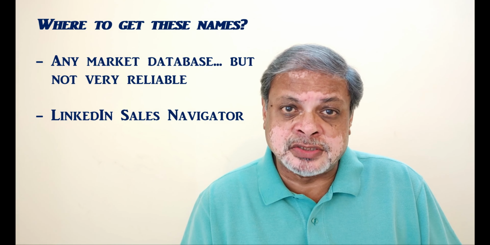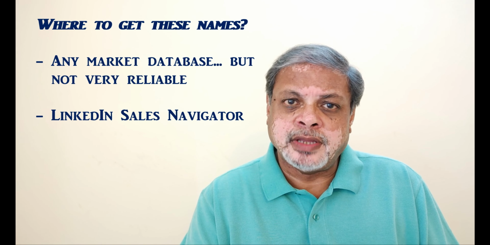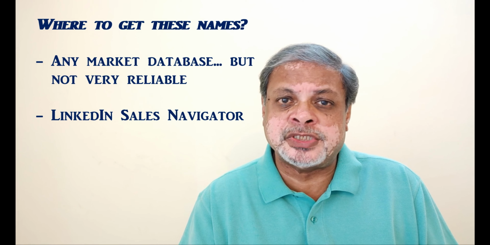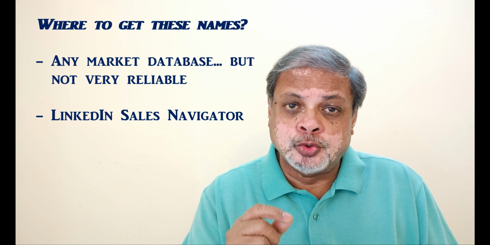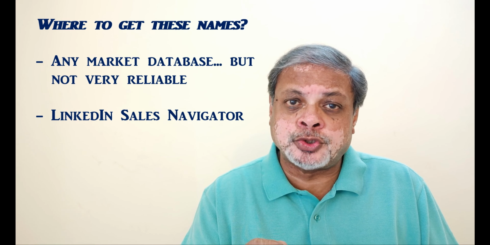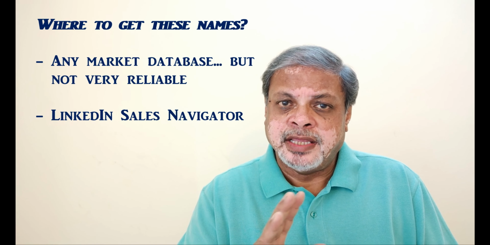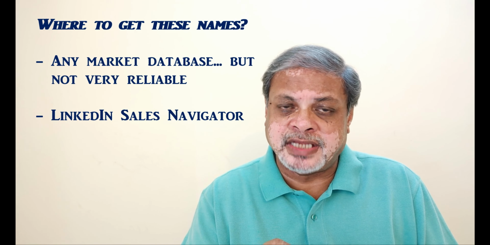Now, using those list of names, you could possibly use the most genuine and accurate platform for any of this kind of information, which is LinkedIn Sales Navigator. So LinkedIn Sales Navigator can be used to not only get more details about the company, but also the people whom you want to connect with. LinkedIn normally has a good list of people, current information on the people and the organization.